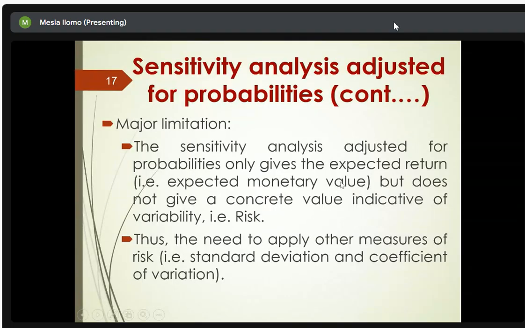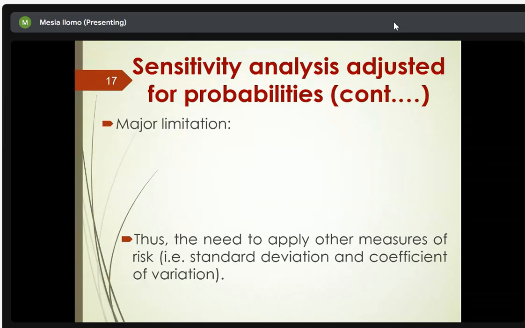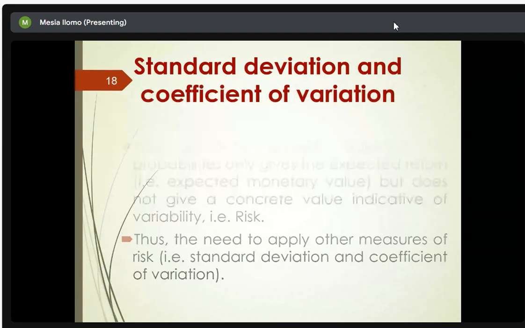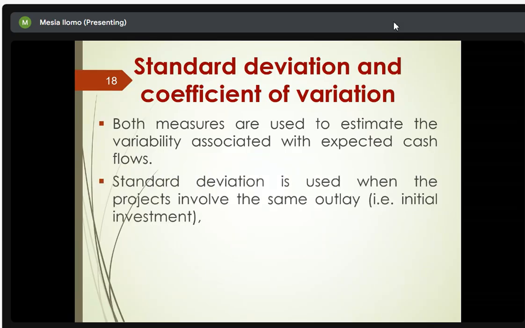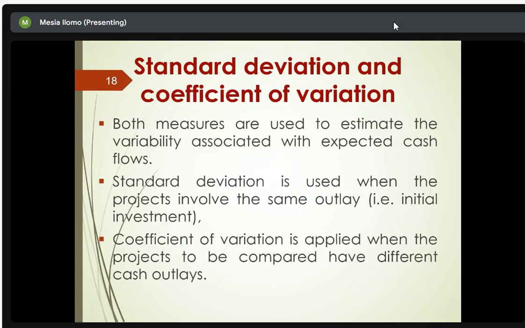That is where we need to consider other approaches, and these are standard deviation and coefficient of variation. Both are measures of risk, as I said. But standard deviation is used when the projects involve the same initial outlay.